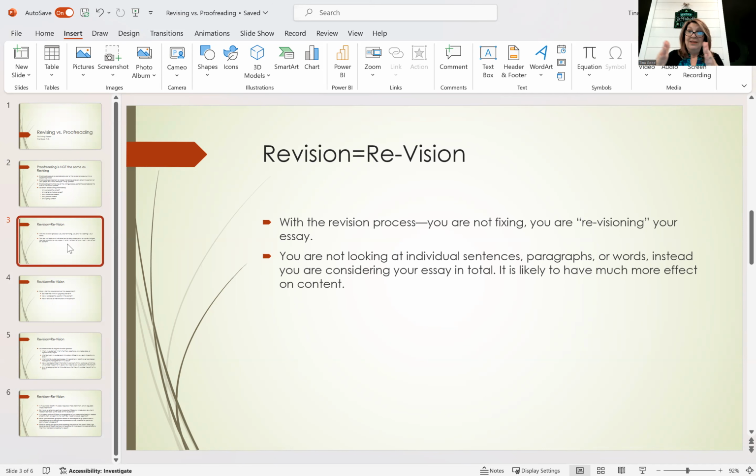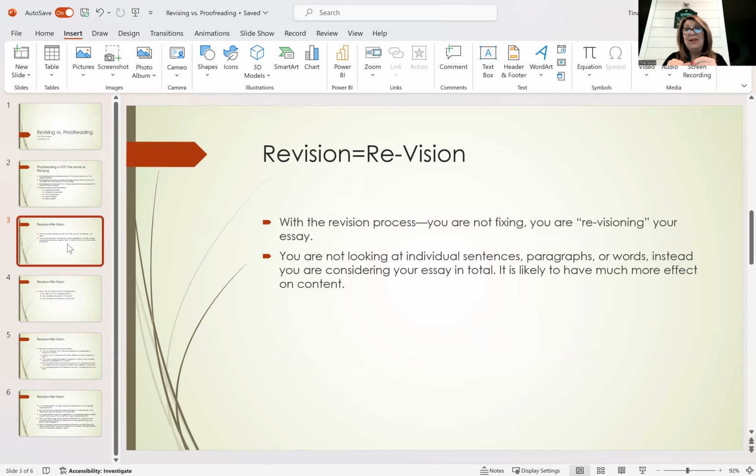Revision, right? So maybe even thinking of it as revisioning your essay rather than revising your essay, because it is a more holistic approach to your essay than that fixing part of proofreading, right? You're not looking at individual sentences or paragraphs or words, right?